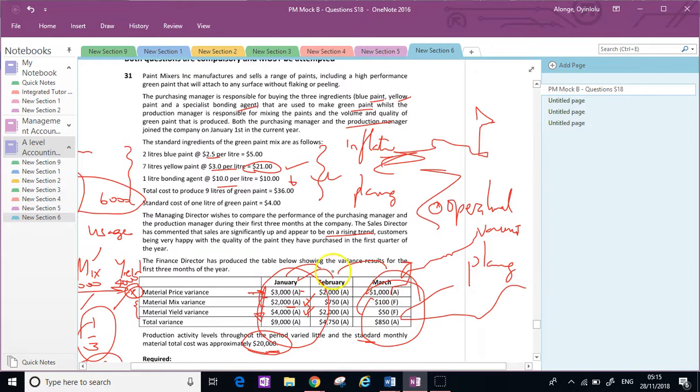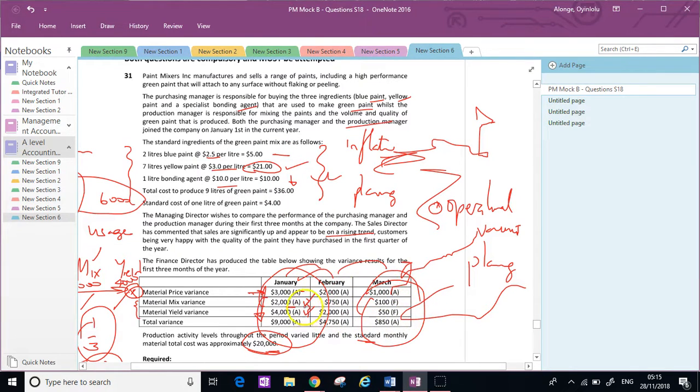So we can argue, therefore, we have some improvement. The purchasing manager, for whatever reason, is now able to negotiate better, or has found other suppliers, but the prices are coming down, or the deviation from the standard, if you like, is coming down as we go from January all the way to March.